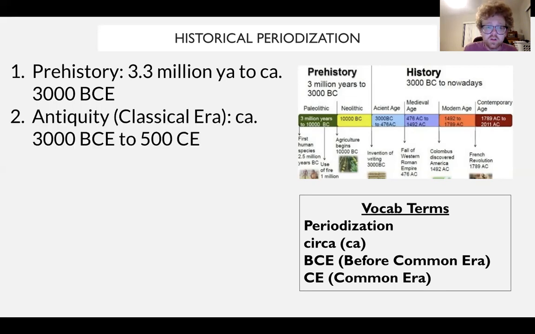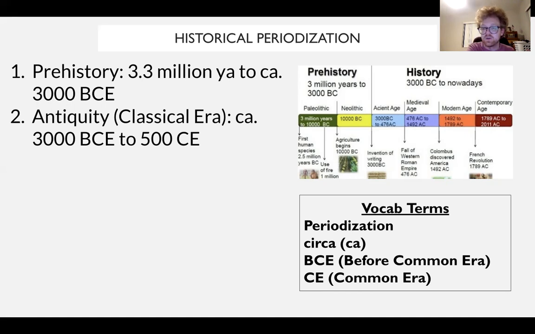Today we're going to cover these two time periods, throughout Unit 0. We're going to cover from the pre-recorded period of human history up until what we call the classical era. So prehistory, basically the rise of humans as a distinct biological species, all the way up to the invention of writing.